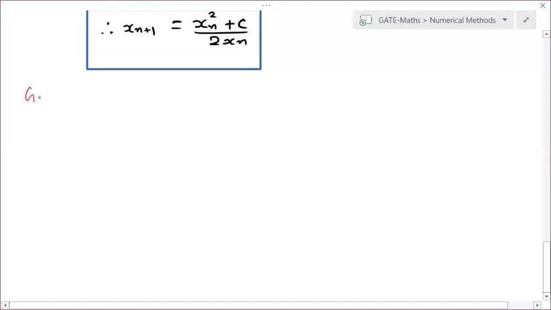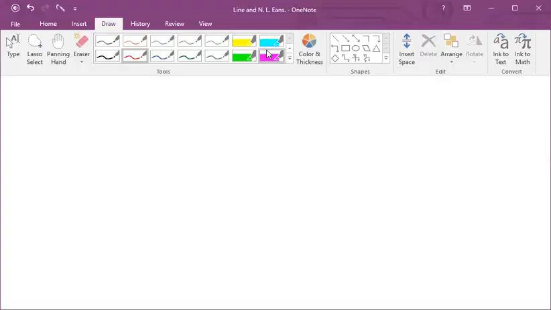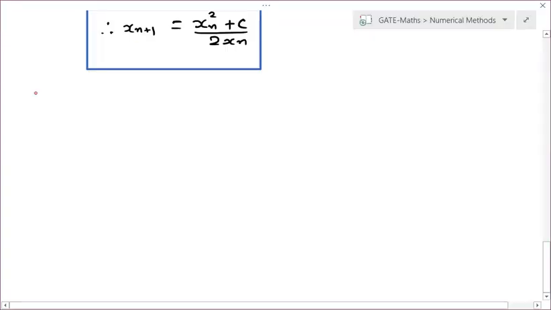Now, next question of GATE 2007. I think this is small. F of x is equal to x square minus 117 is equal to 0.